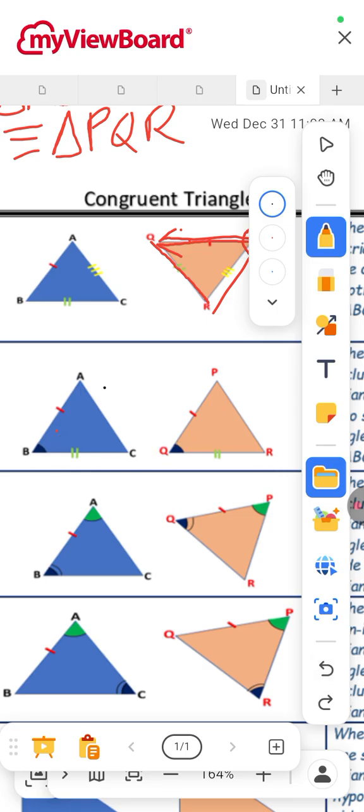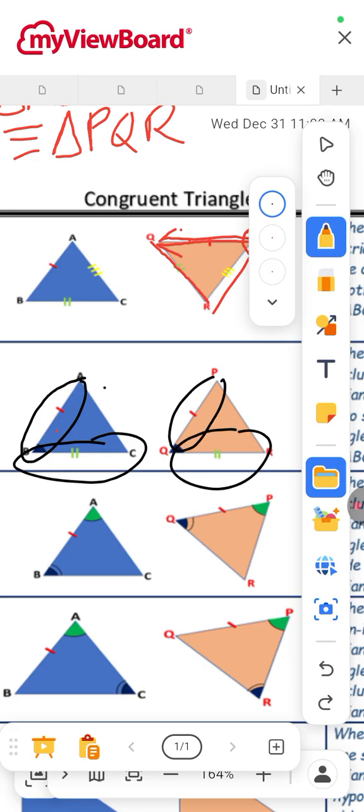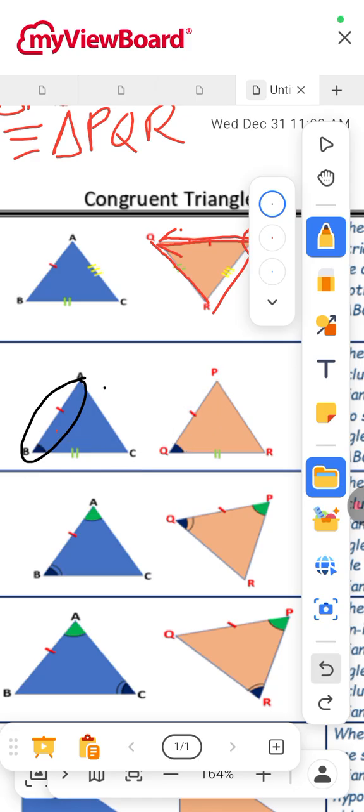Then the angle between them also, what's been denoted as what? They are equal. So if I see that for two triangles, two corresponding sides are equal and the angle between them is also equal. Let's say, for example, here happens to be 40 degrees.